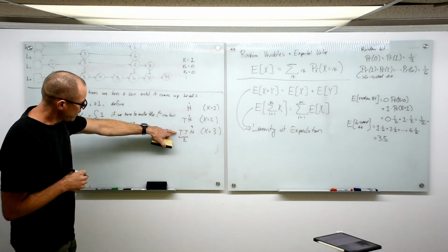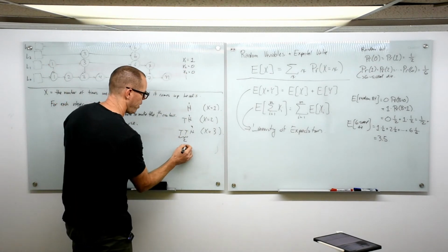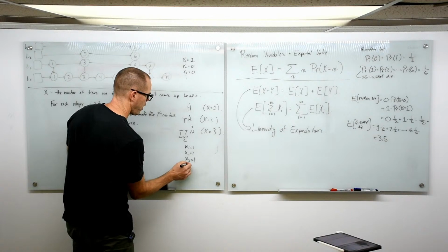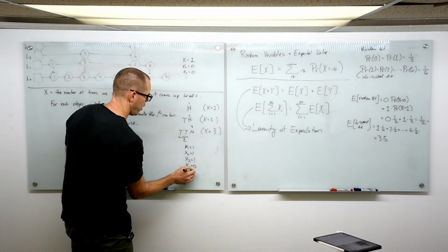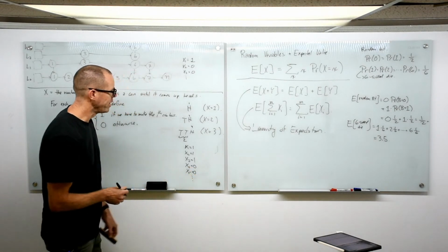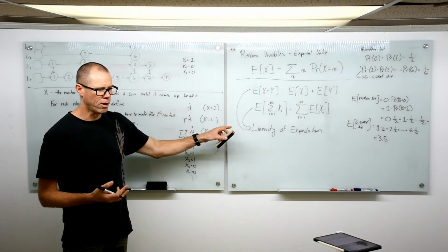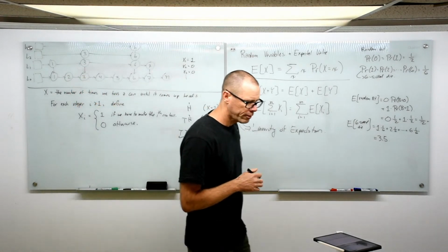In a case like this, I would have x1 equals 1, x2 equals 1, x3 equals 1, and then x4 onward, they're all equal to 0. Because I didn't have to toss the coin a 4th time, I didn't have to toss it a 5th time, I didn't have to toss it a 6th time. All right?